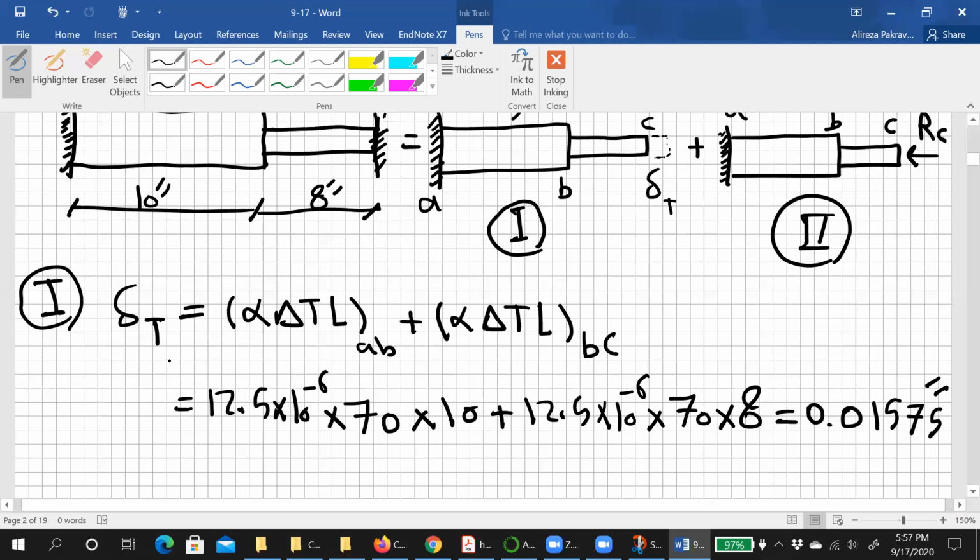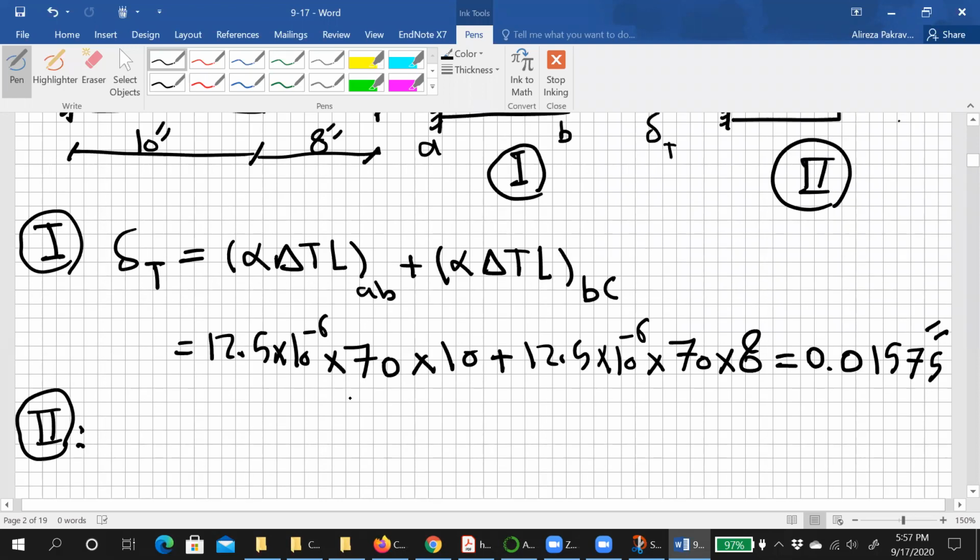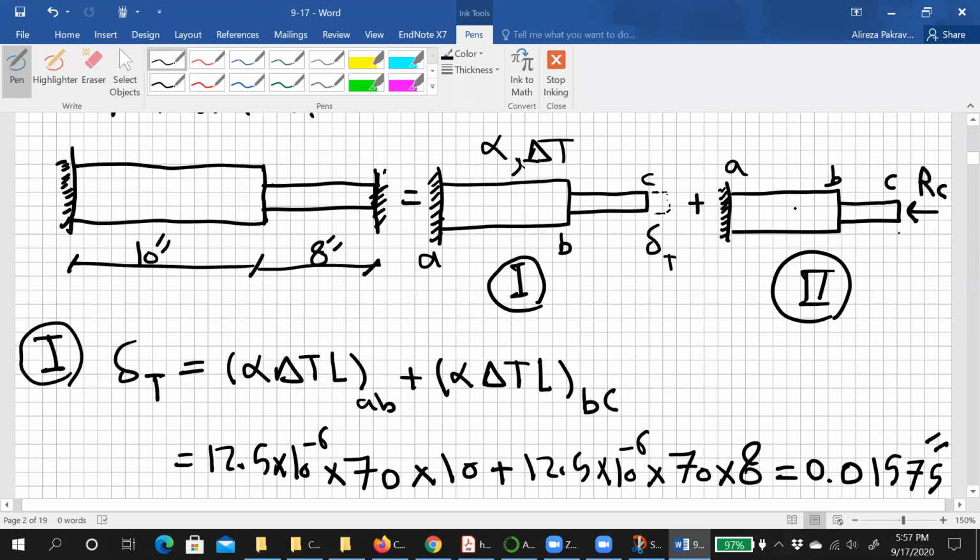So that's delta T for this one. And now let's find the deformation for structure number 2. Structure number 2. And now let me ask a question. For structure number 2, how can we find delta elongation?